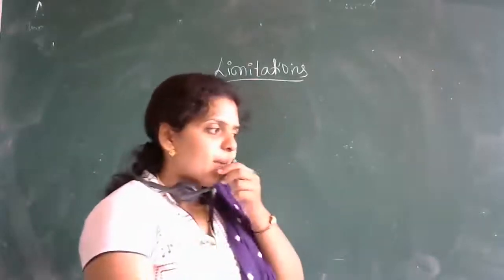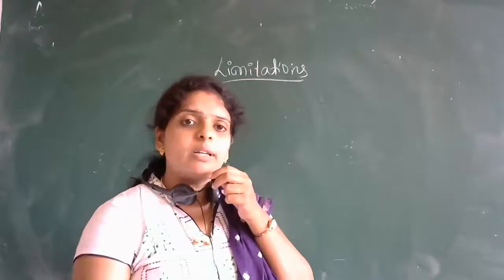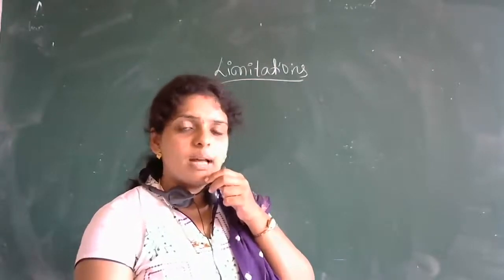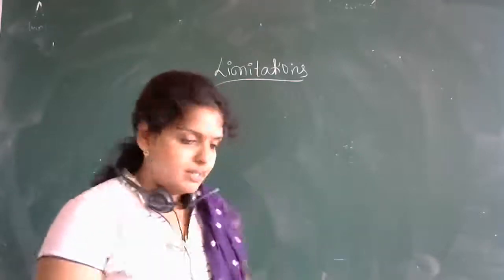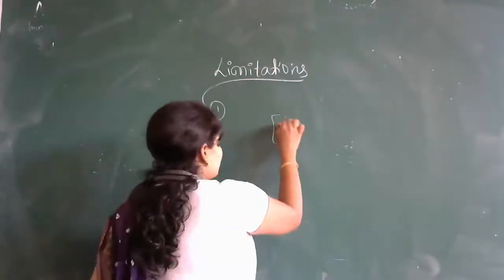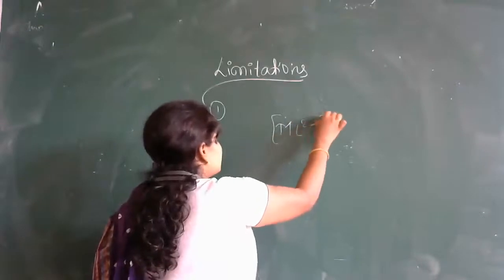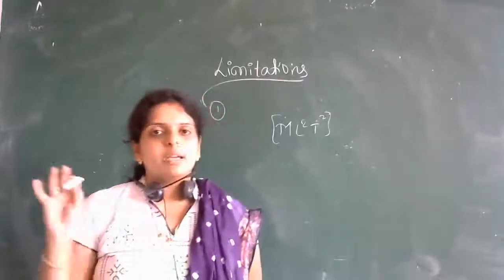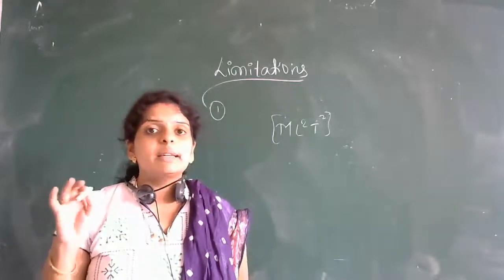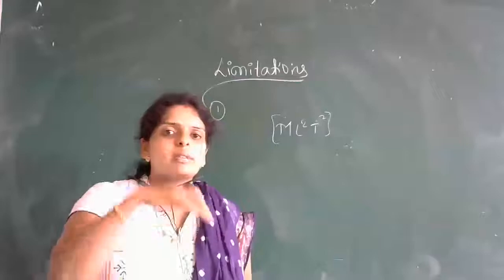So when 2 physical quantities have the same dimension formula, it is difficult to understand which physical quantity it is. Suppose I write the dimension formula like this, M L squared T raised to minus 2. And I ask some students sitting in the class which physical quantity it is. Some will say work, some will say energy.